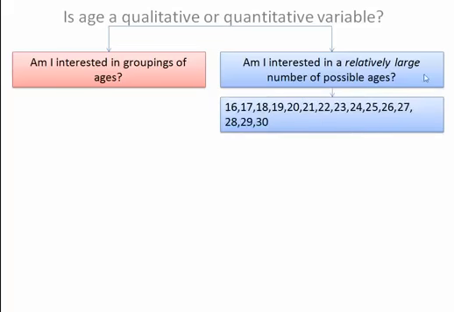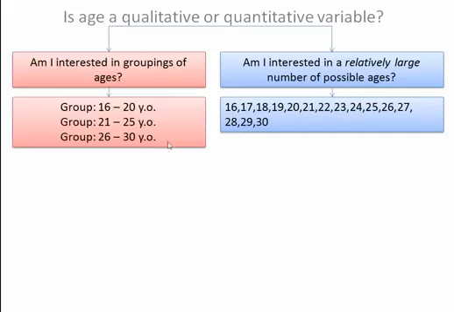In terms of relatively large, that might seem vague, but imagine that I recorded some individuals' ages, and the ages ranged from 16 to 30 years old, and I noted it to the whole number a year. This is what I would consider a relatively large number of possible ages. Compared to something like this, where I group individuals into categories. So, are you 16 to 20 years old, 21 to 25 years old, 26 to 30 years old?